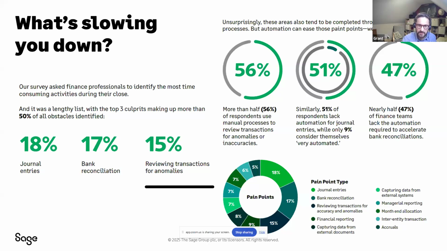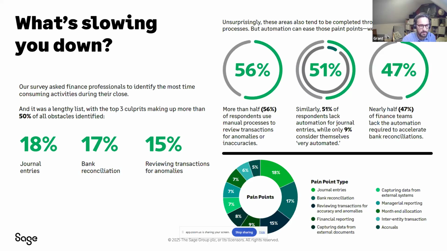A lot of these tasks are being completed manually, but a modern, cloud financial management system can introduce efficiencies here through automation. So there's significant time savings to be found, especially within these top 3 transactional offenders. Benefits which around half of those that we surveyed could take advantage of.